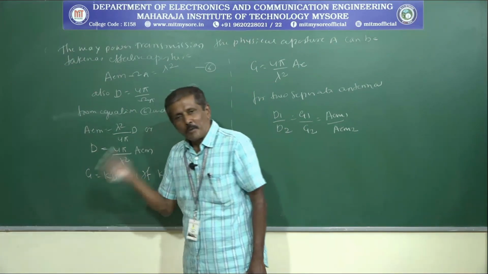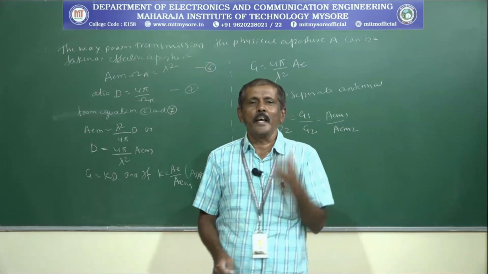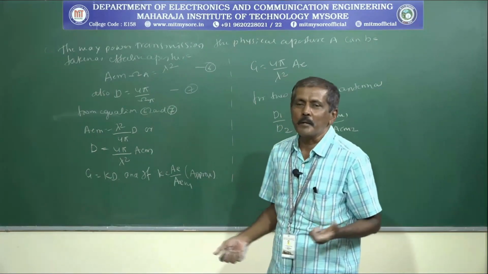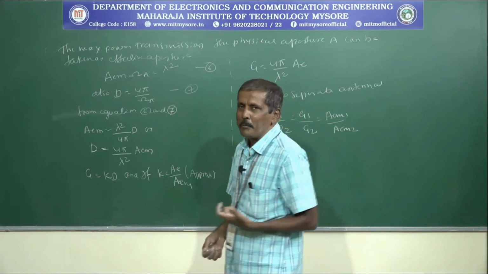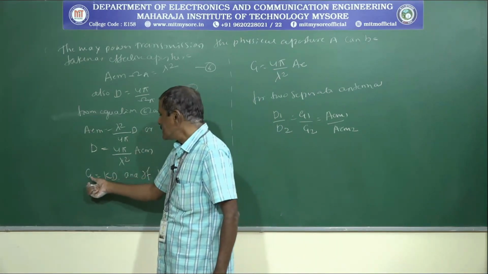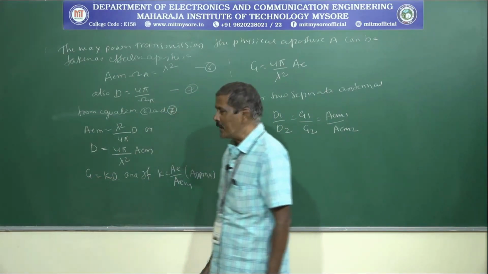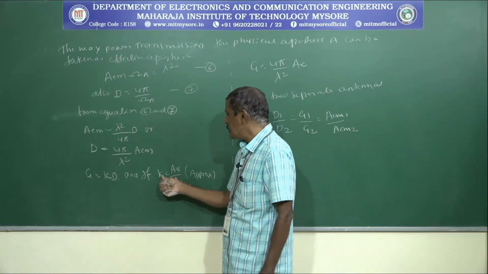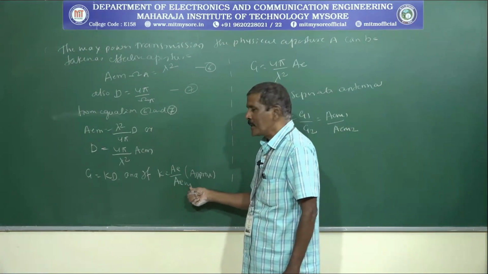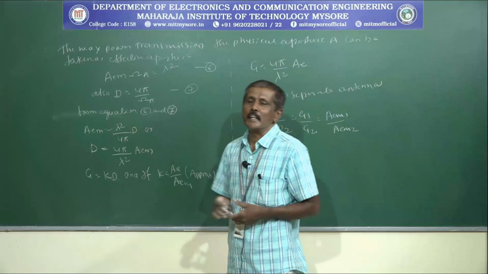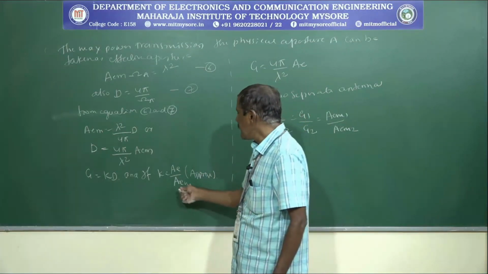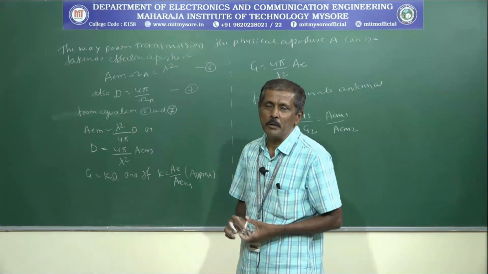And already you know from the previous class, the gain and directivity are related to each other with a proportionality constant. So G is equal to K into D, where K is equal to AE divided by AEM, where AE is the effective aperture and AEM is the maximum effective aperture.